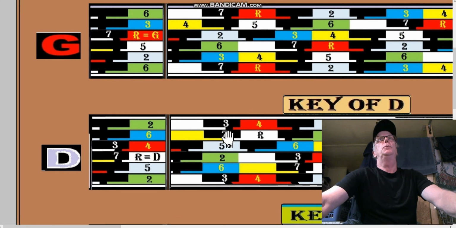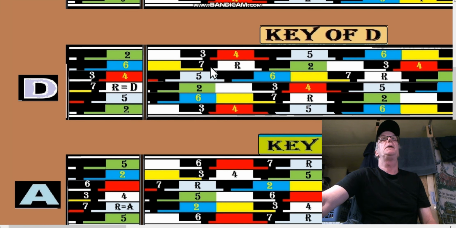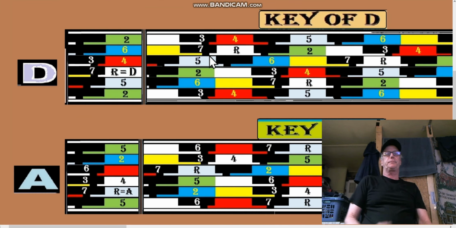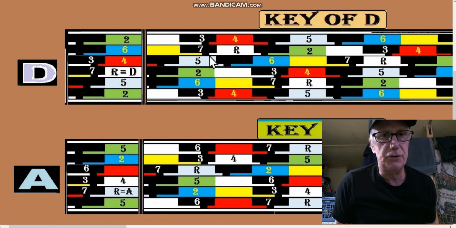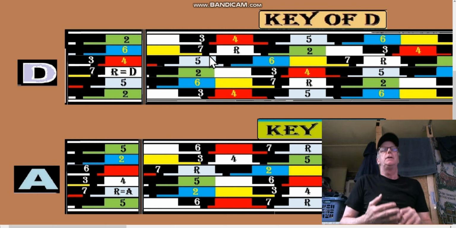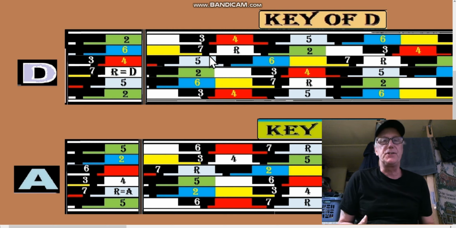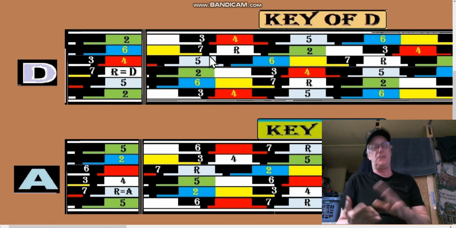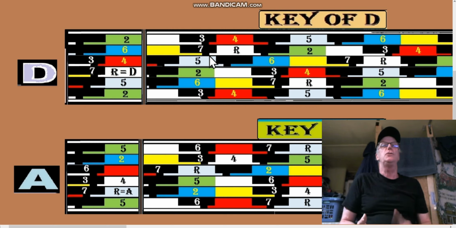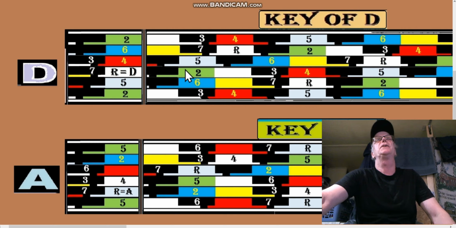So one thing you do have to know and keep in mind is that when you're playing any of the CAGED chord keys except C, so when you're playing A, G, E, or D, you have to play the long pattern to get the note at all.